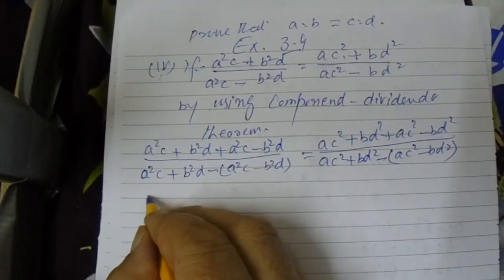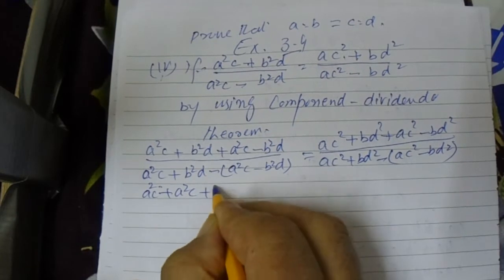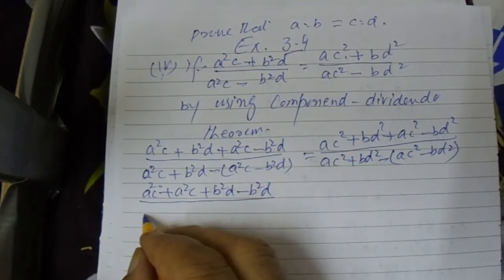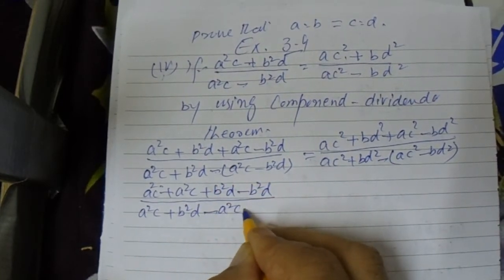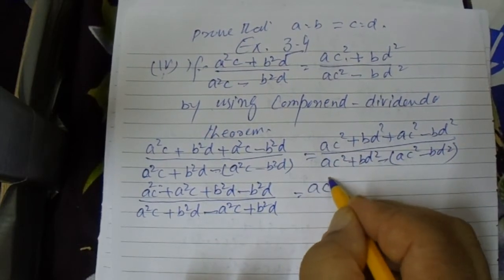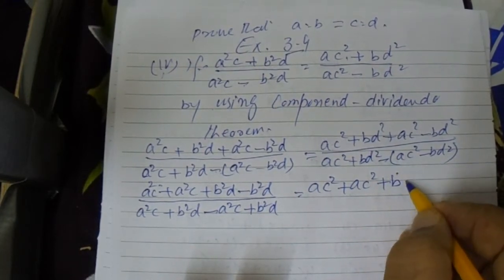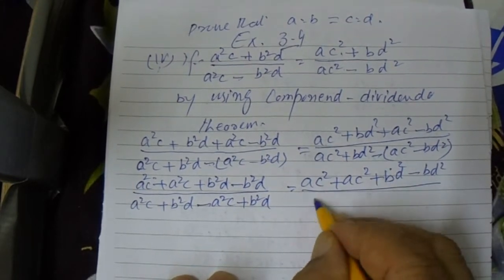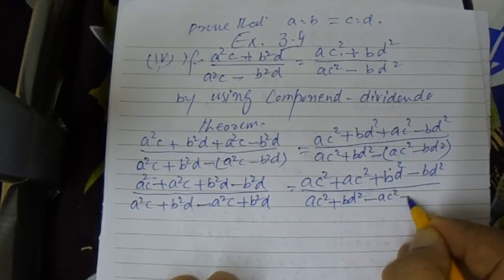Now we arrange this: A square C plus B square D minus B square D over, multiply this minus inside, A square C plus B square D, this minus A square C and plus B square D is equal to, we arrange this: AC square plus AC square plus BD square and minus also BD square over AC square plus BD square and minus AC square plus BD square.